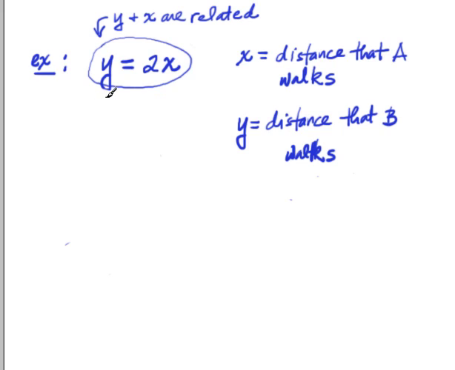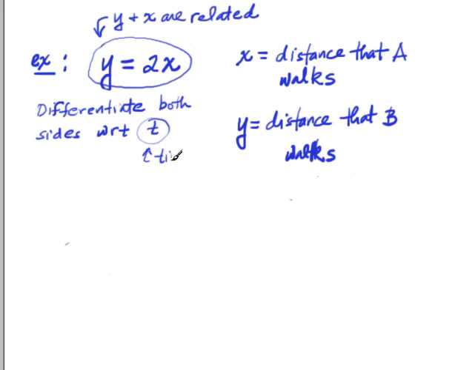So the distance that he's covering is twice the distance that the first person A is covering. Now, what about how quickly this person is walking compared to how quickly this person is walking? All right, well, to get the rates at which they're walking, we'll just differentiate both sides with respect to t, where t is time, even though t does not appear in this relationship.